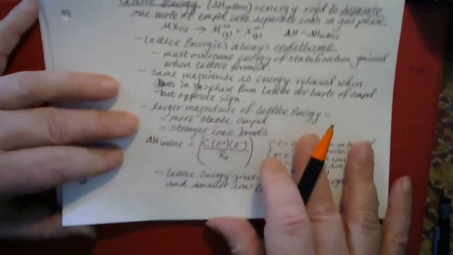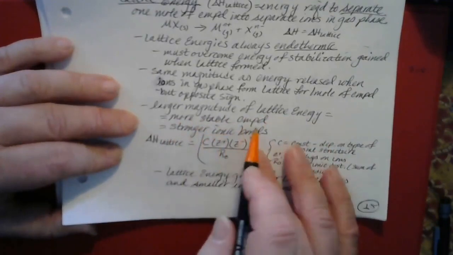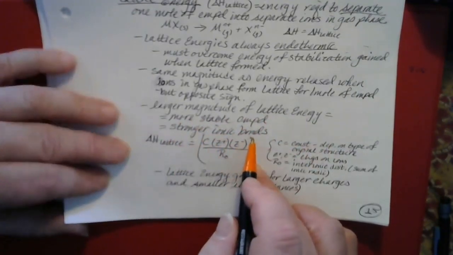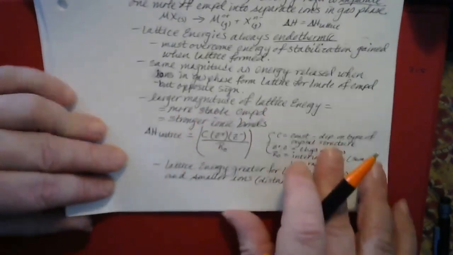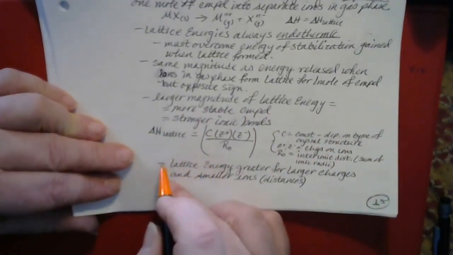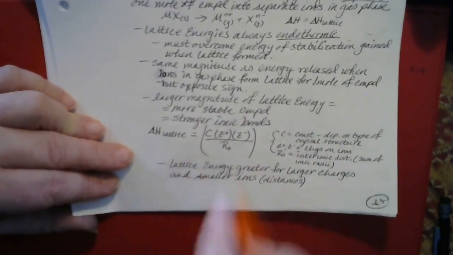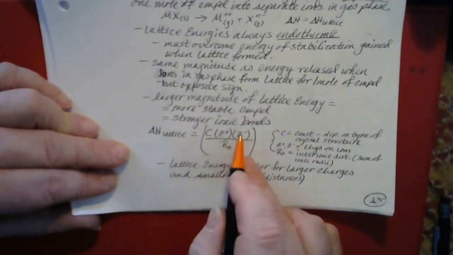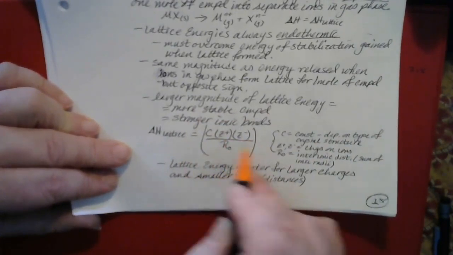Basically, the bigger the lattice energy is, the more stable the compound is, and the stronger the ionic bonds are. There is an equation for calculating lattice energy, and that is C times Z+ times Z- over R0.